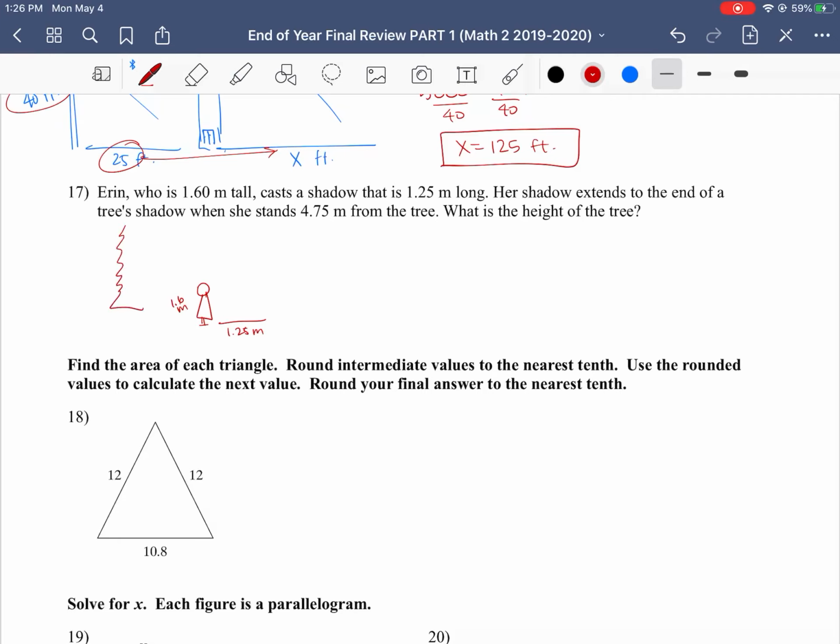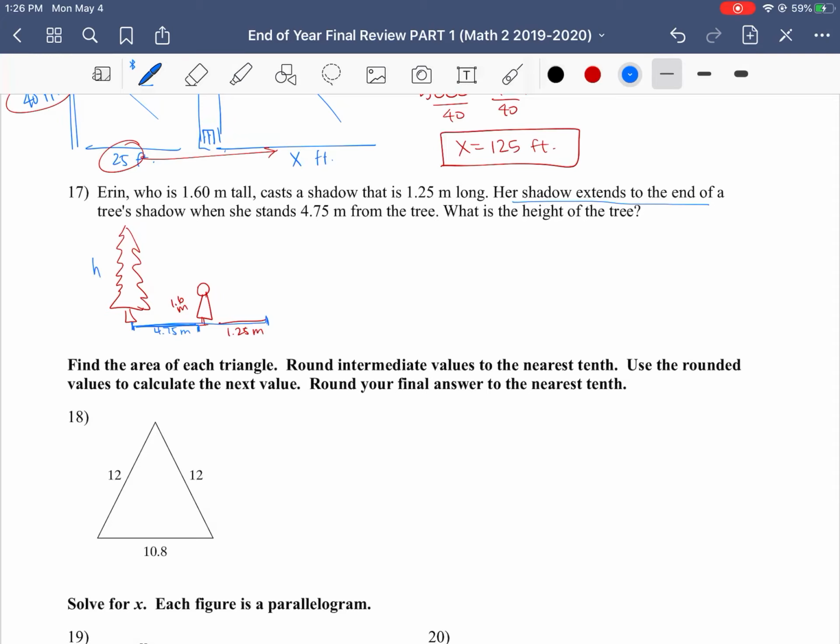So notice here we've got a tree. And it looks like they said that her shadow extends to the end of the tree's shadow. So their shadows look like they're overlapping here. They end at the same place. And this little piece right here is 4.75 meters away from the tree.